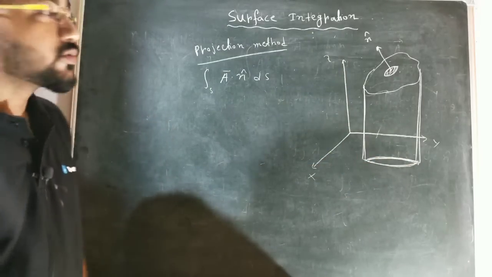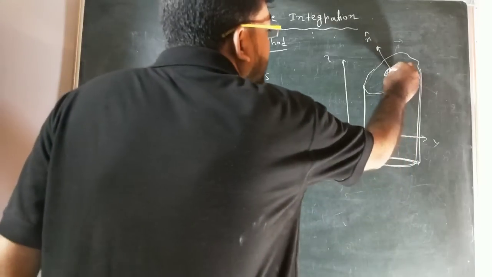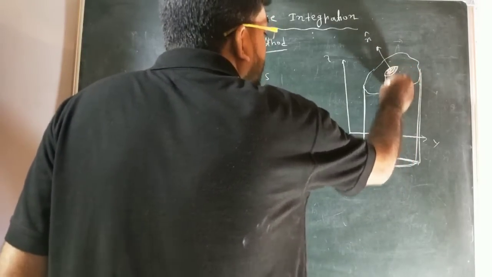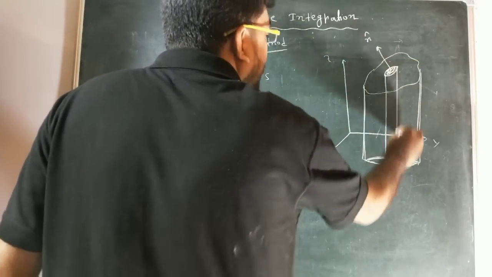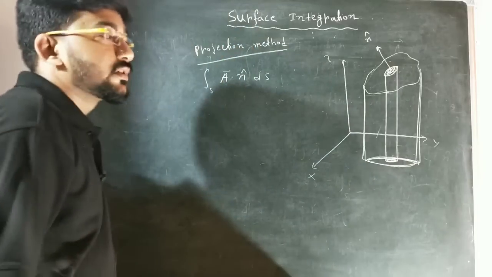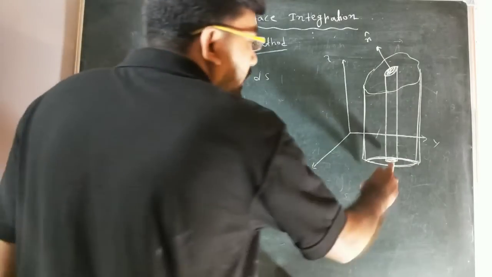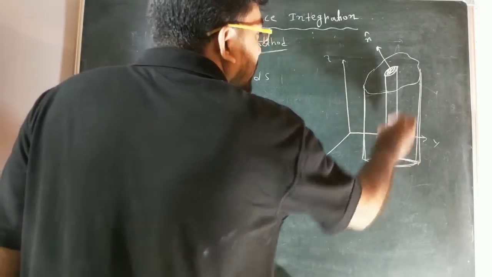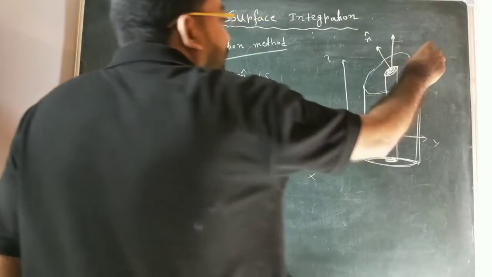So what you have to do is take the projection of this ds on this xy plane. For the xy plane, what is the unit vector? It is nothing but k cap.